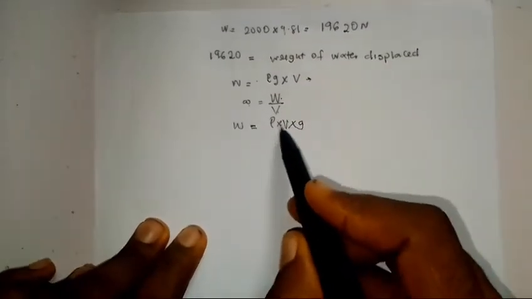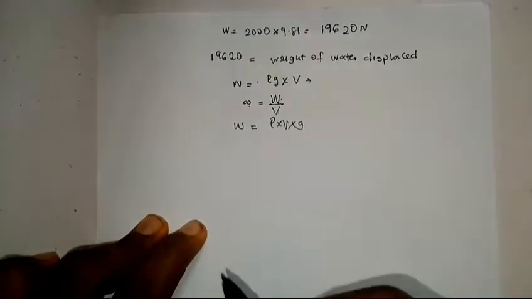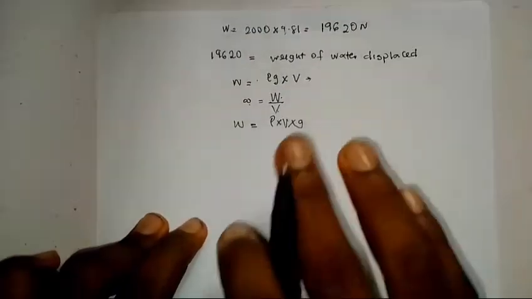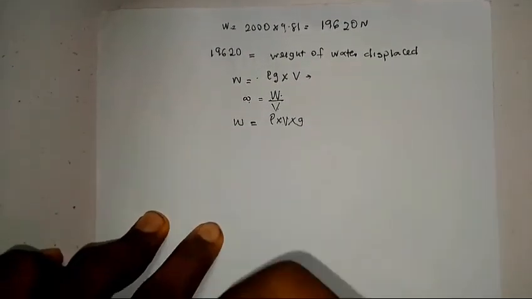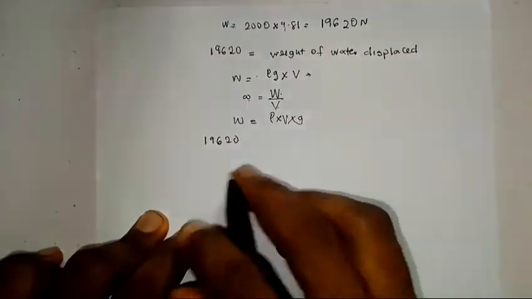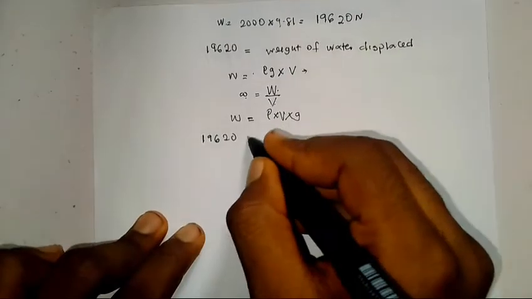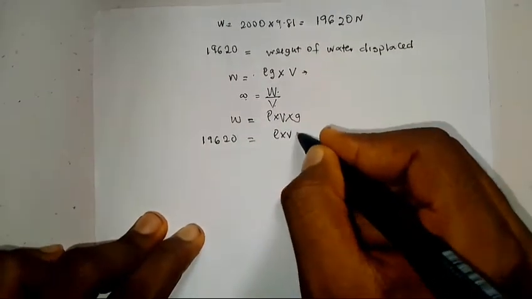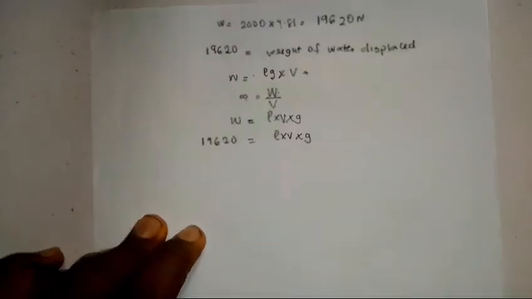Since this is a standard formula for calculating the weight of any fluid or medium, the weight of the cylinder, which is equal to the weight of water displaced, will be equal to density times volume times acceleration due to gravity.